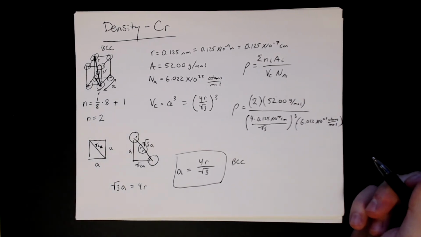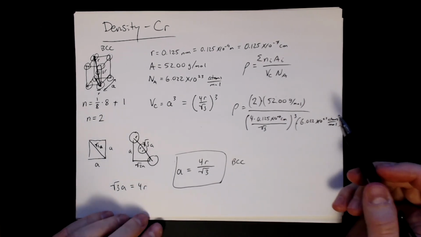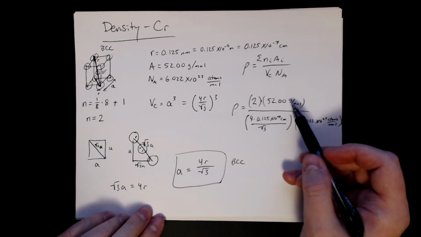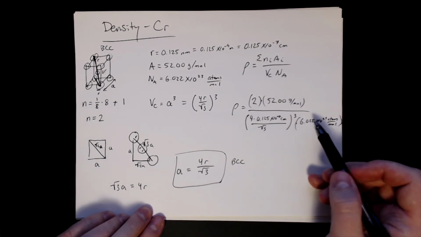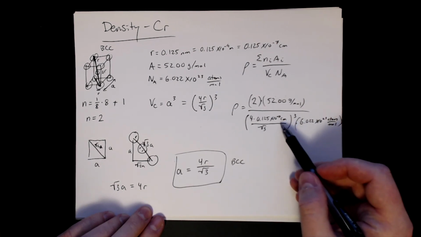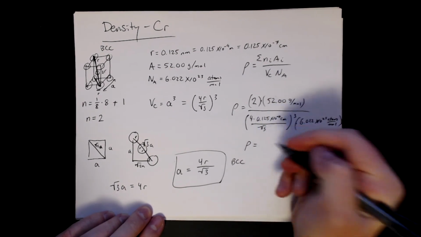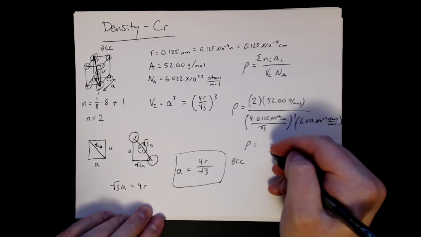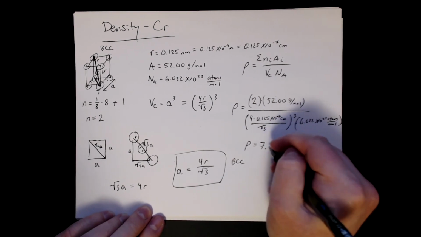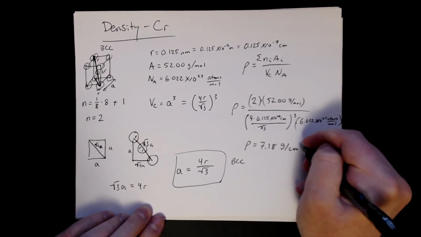So at this point, if we plug all this in, we're going to have grams. The moles cancel out, and we're going to be left with centimeters cubed. So our density here, when we plug this all in to our calculator, is going to be 7.18 grams per centimeter cubed.